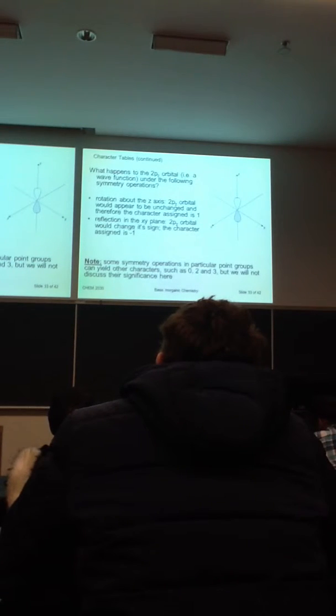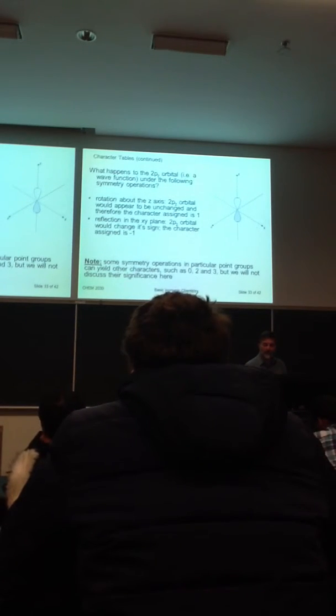Okay. Let's consider, though, what happens if we do a reflection in the xy plane. Okay, x and y here, so we're defining a horizontal plane. We take that horizontal plane, perform a reflection. This part of the pz orbital comes down here. This part goes up there.